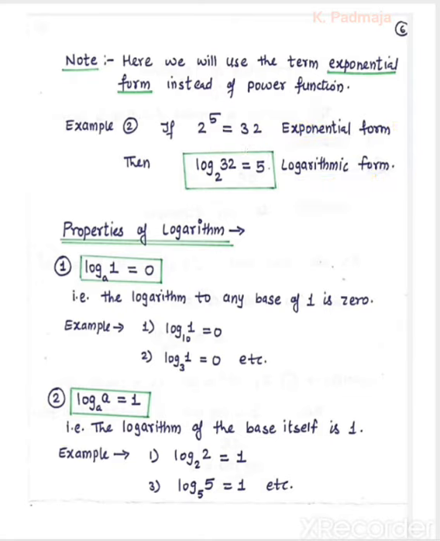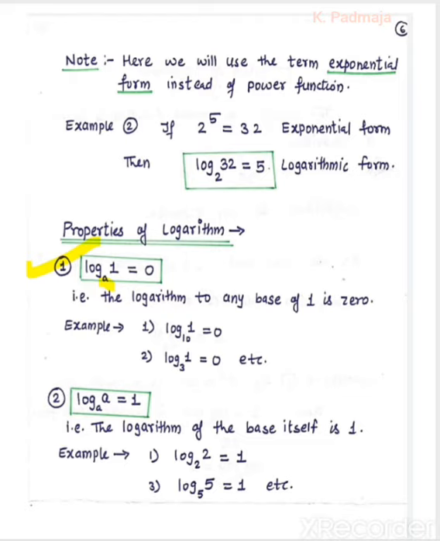So next is the properties of logarithm. Here are some properties of logarithm. The first property is log 1 to the base a equal to 0. What does this a indicate here? This a means you can take any base. Log 1 is 0 not only for a specific base, log 1 is 0 for all bases. If we take any base, it will give us 0 as the answer.